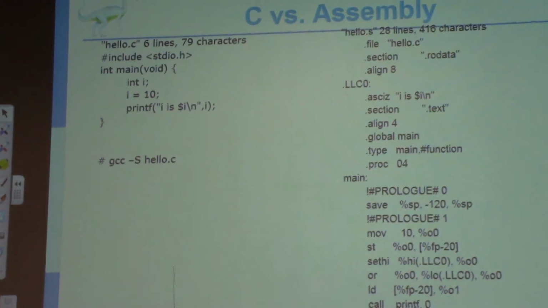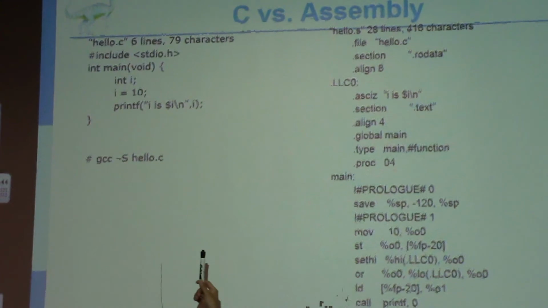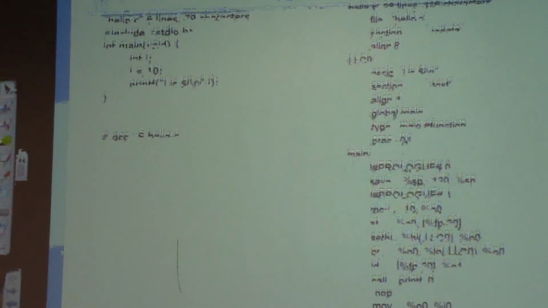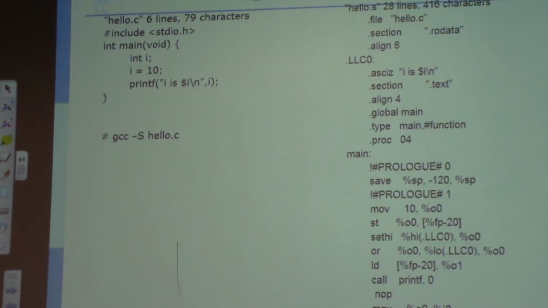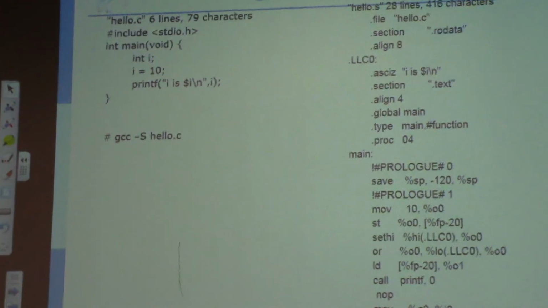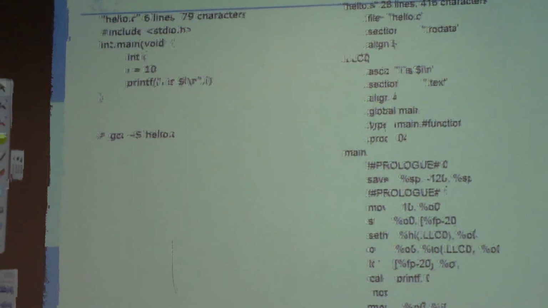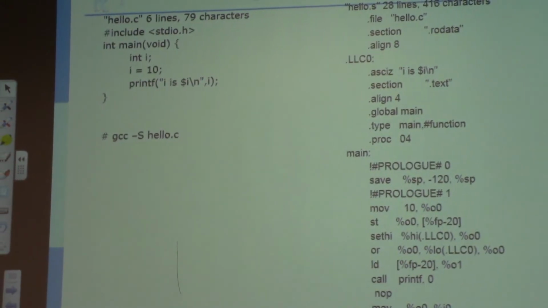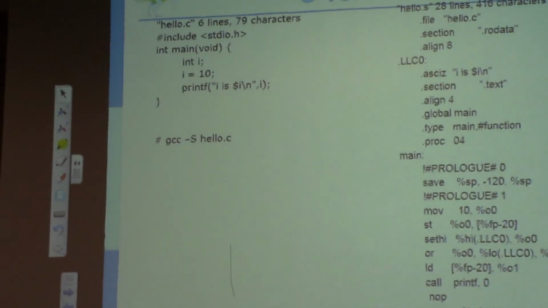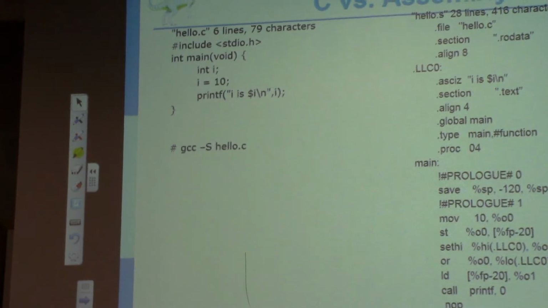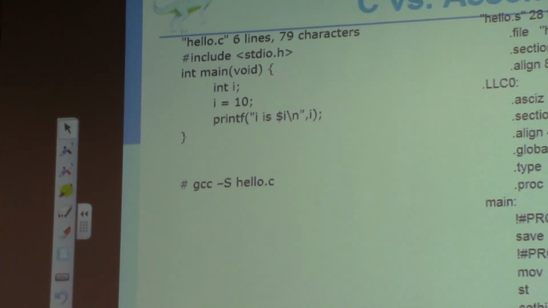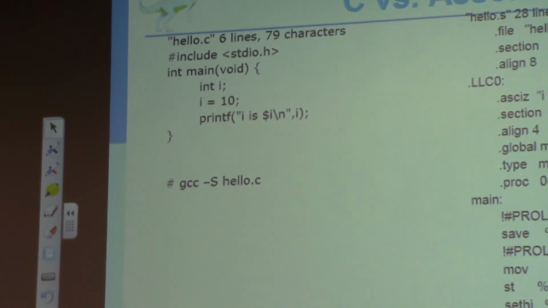This is assembly code. Okay, if you compile this, it is a hello world in C program, right? Very simple. So integer i, and i equals 10, printf, i is 10. That's it. You can compile using GCC or whatever. Then this is the list of a series of instructions.